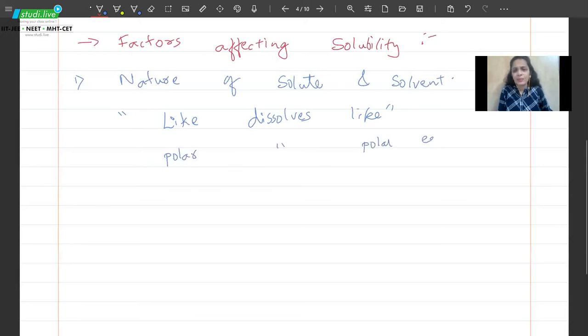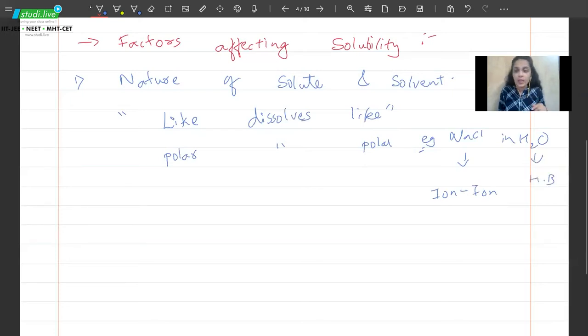Okay, let's take a simple example over here. If I'm dissolving NaCl in water, NaCl has charges. It is made up of cation and anion. Water is a polar compound. What is happening? NaCl has ion-ion interaction, and in case of H2O, there is hydrogen bonding.